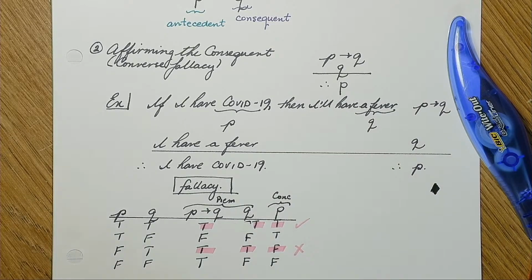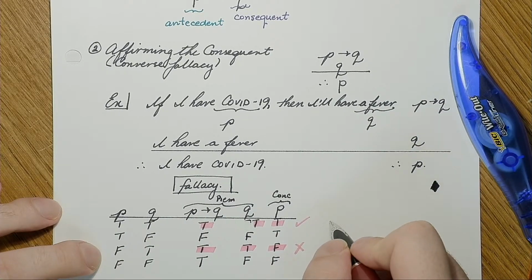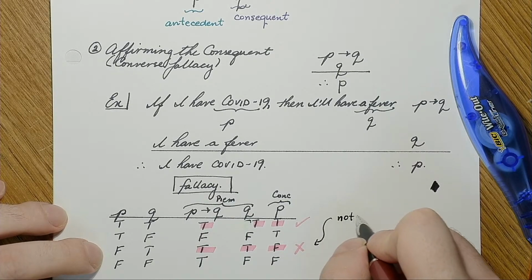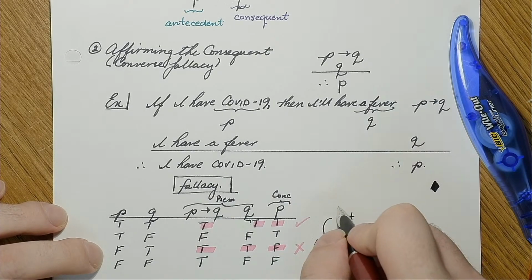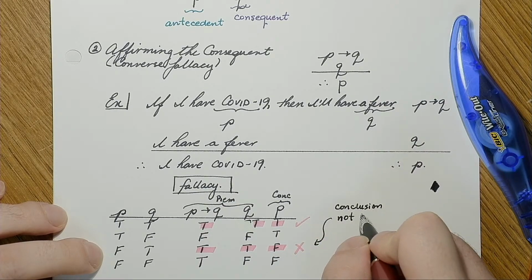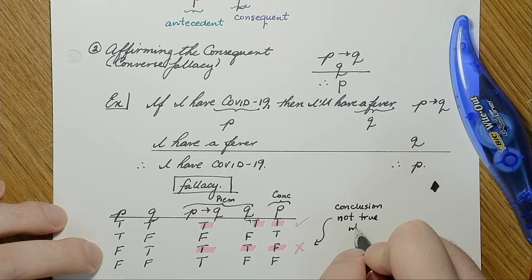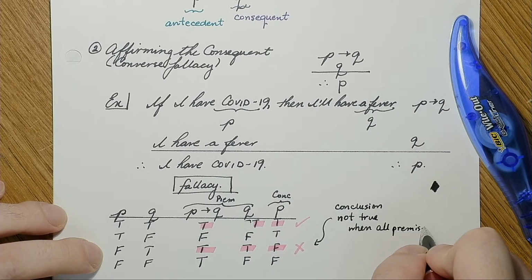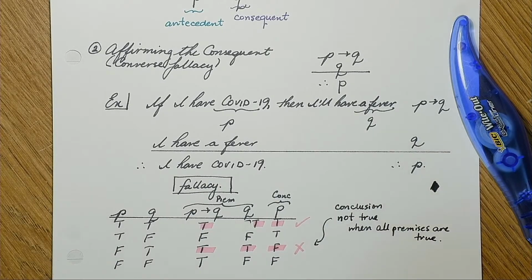But we have the one case where the conclusion's not true when all the premises are true, so it's invalid, or not valid.